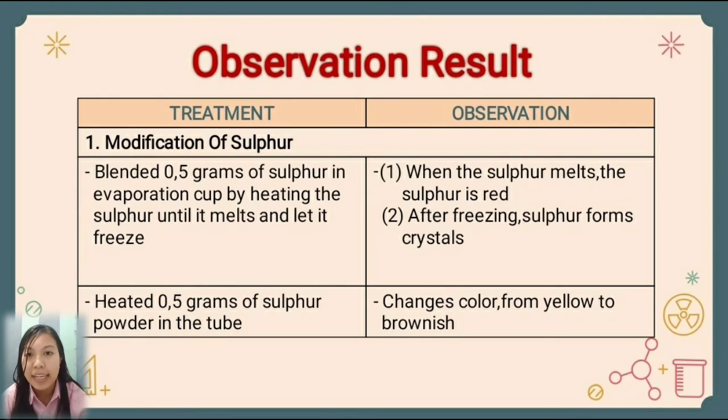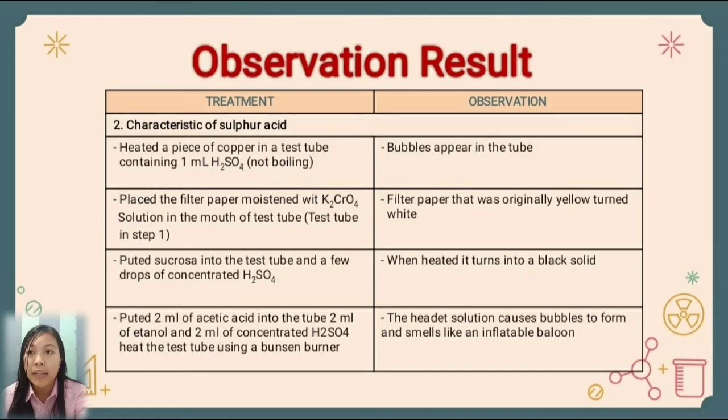After freezing, sulfur forms crystals. Two: heat 0.5 gram of sulfur powder in the tube. Observation: the color changes from yellow to brownish.